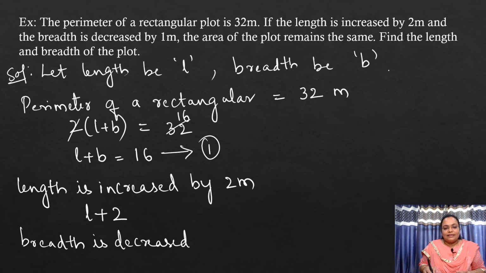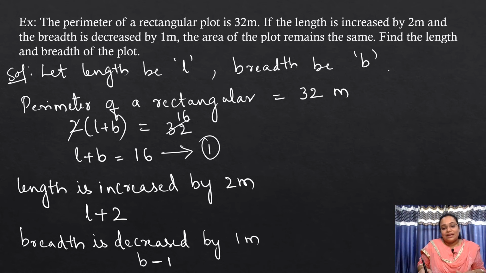Breadth is decreased by 1 meter, that is B minus 1. Then he says the area of the plot remains the same.